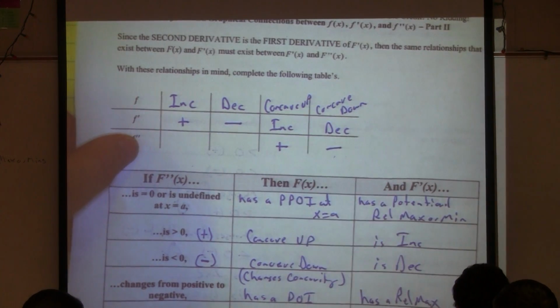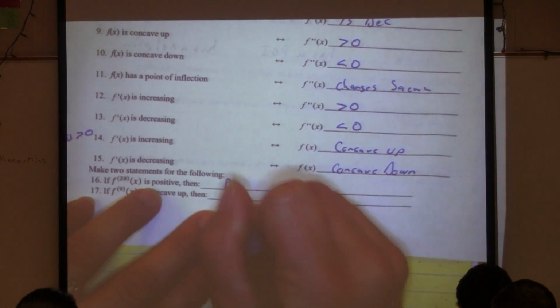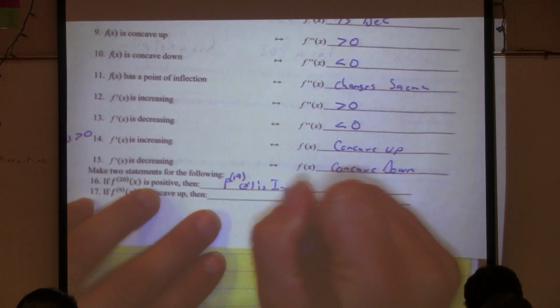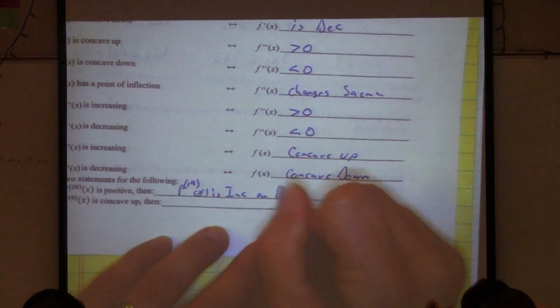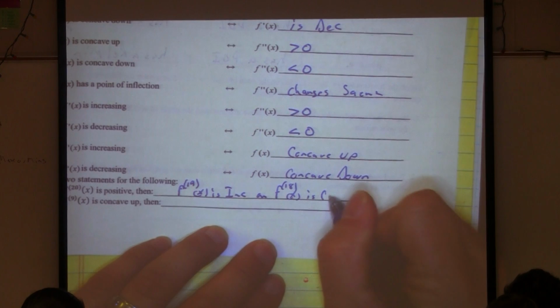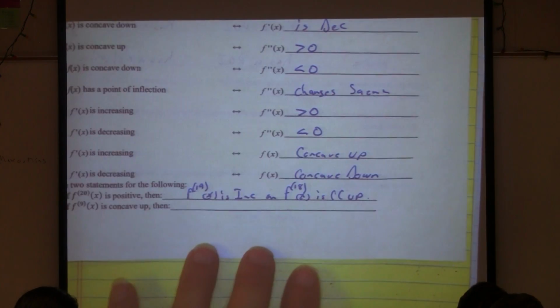Increasing, not the next one, right? Okay, so here we would have to say the 19th derivative is what? Increasing. And what else could you say? And the 18th derivative is concave. Beautiful, okay?